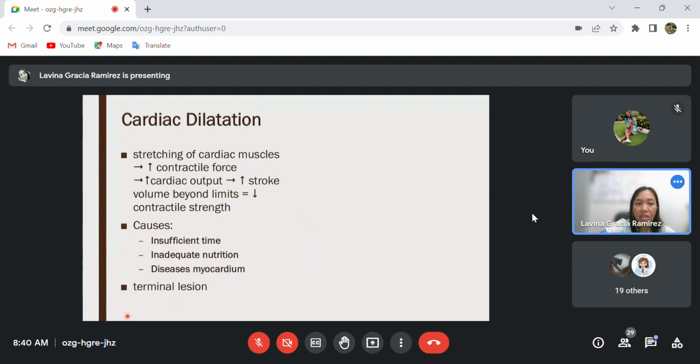So the causes of this possible cardiac dilatation are insufficient time, inadequate nutrition, and diseases of the myocardium. Take note, these three are actually the reflection of those requirements needed to have a good compensatory mechanism. Kasi doon sa compensatory mechanism, kailangan ng time. It should have sufficient time for the heart to adjust. Another, the heart should have adequate nutrition to support the compensatory mechanism.